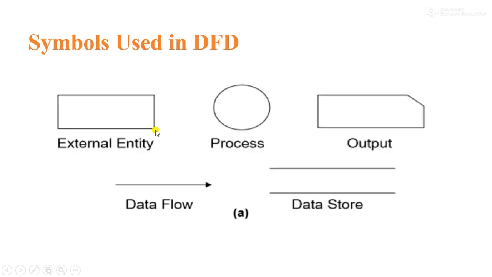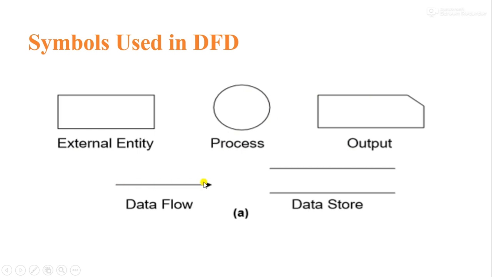And also we have these five symbols, using which we can draw our DFD diagram. The first symbol, the rectangle, is used to represent an external entity. The circle symbol represents the process or function, and this symbol is used to represent the output.